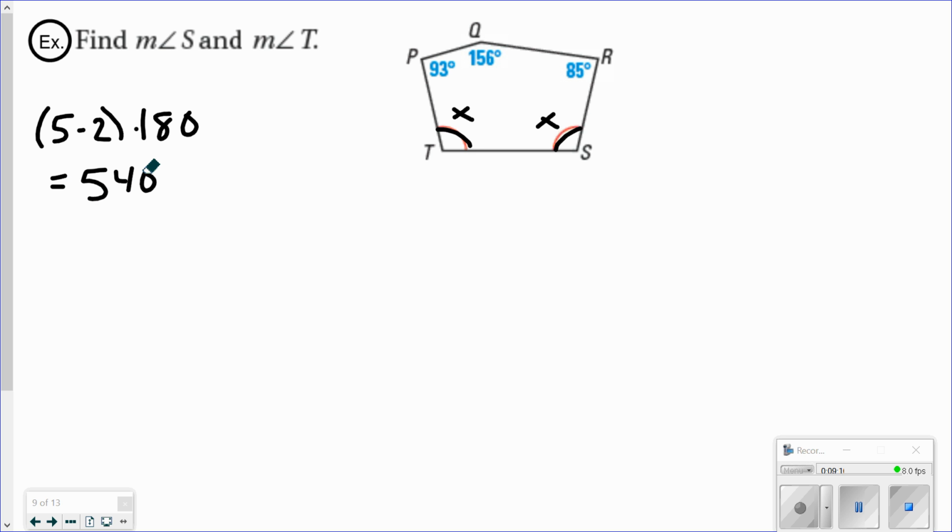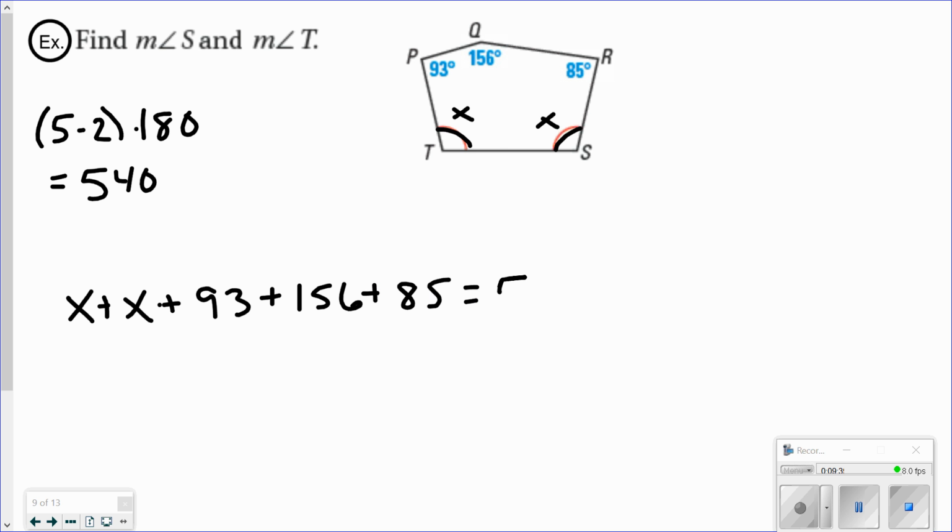All right, so now that I know what it needs to add up to, I just need to take all of my angle measures and add them up. So one angle is x. I have another angle, which is also x. Plus, I have an angle of 93. Plus, I have an angle of 156. Plus, I have an angle of 85.